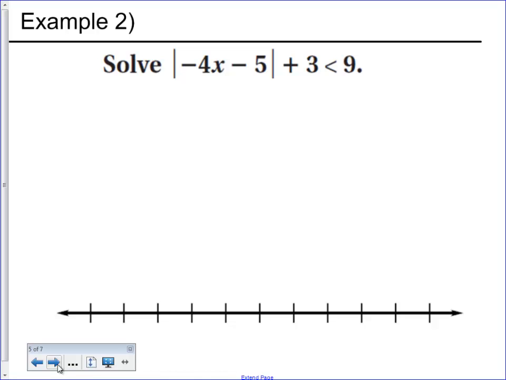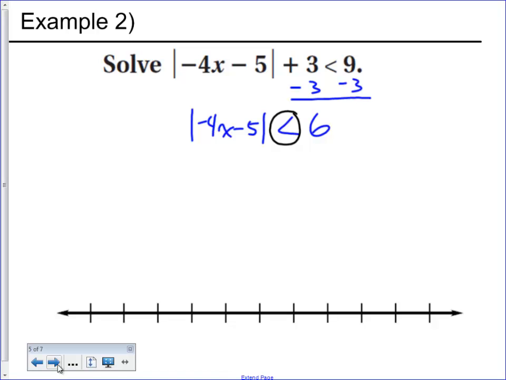Example number 2, we have a plus 3 on the outside. We still have to isolate the absolute value, so we're going to minus 3 first. So negative 4x minus 5 is less than 6. And you'll notice that the inequality symbol is facing away from the absolute value sign, which means this is a compound inequality that can be written as one statement, like the word and.